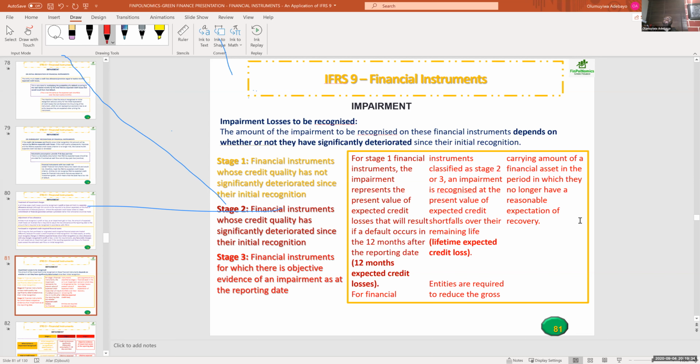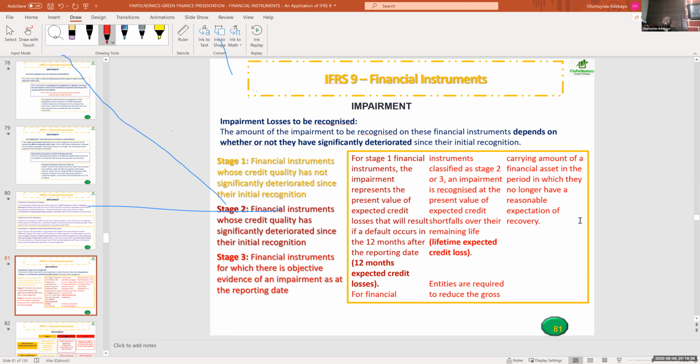But when you start to experience deterioration, or what we call significant deterioration in the credit quality of that financial asset, you now need to graduate that financial asset and take it out of stage 1 and put it in stage 2.